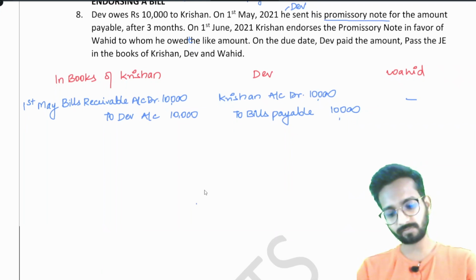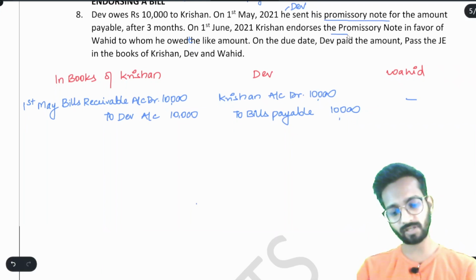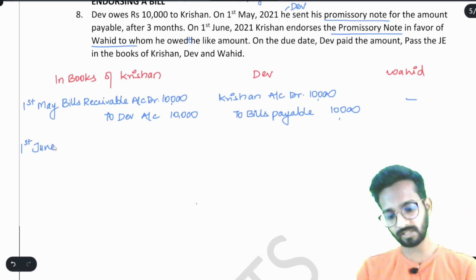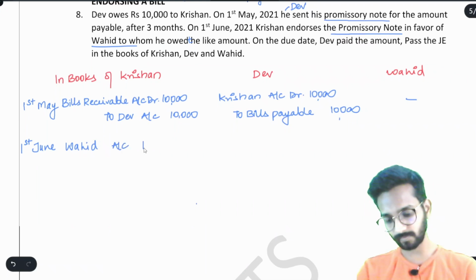After this, what is happening? On 1st June, Krishan endorsed the promissory note in favor of Wahid. So he will write Wahid account debit to bills receivable.